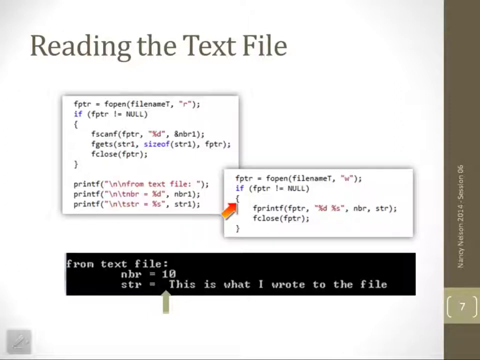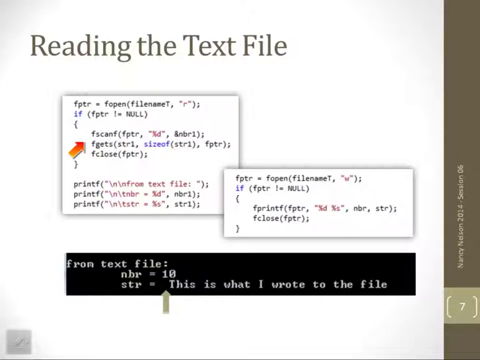Over on the right hand side we have the code that we used to write the file. So we know that we wrote an integer, a space, and a string. Now if we look at a slight variation of our code, we're going to open our text file, verify it opened properly, and we're still going to use fscanf to get that integer value, storing that in number1.